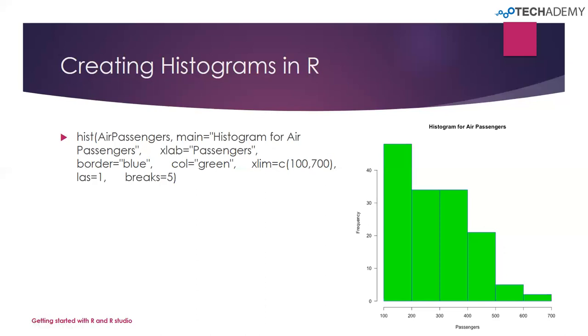I think you understood it, and if you have any query, you can take the help of the hist function using question mark hist in R, and it will give you multiple examples and the details of different parameters that are available, including these few variables that I have shown to you in this particular sheet.